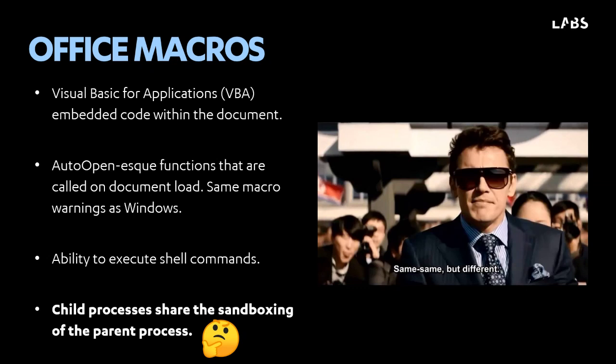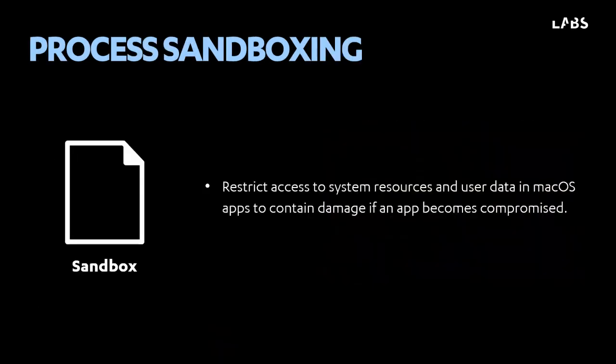Interesting, we'll touch on this in the next slide, but it's worth noting that when you spawn a macro and it creates a child process, that child process inherits the sandboxing of the parent process that created it in the first place. For those of you unfamiliar with the term, sandboxing on macOS is effectively a way that Apple try and restrict what an application is able to do.